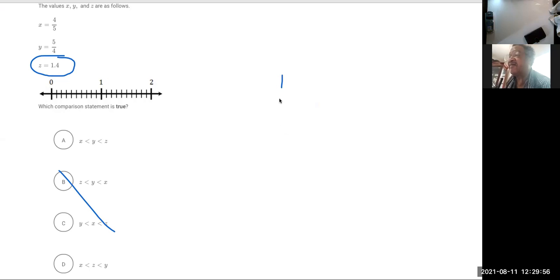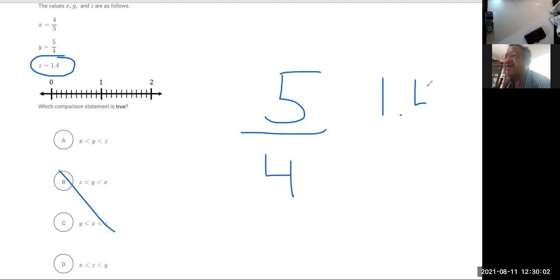We have to compare 5/4 and 1.4. These are the two numbers we have to compare, because both have X as the smallest. Now we just have to know which of these two is bigger. Well, the quickest version of 5/4 is I have $1.25.